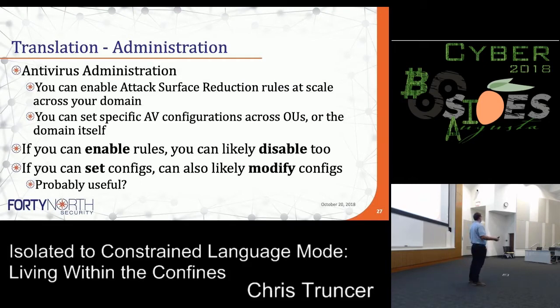Let's say constrained language mode is protecting a system, but application whitelisting isn't. In that case, I would just take that C# code, compile it to a library or into a PE, an executable, and then just run it that way, because constrained language mode doesn't protect against executables running on the system. It's only PowerShell.